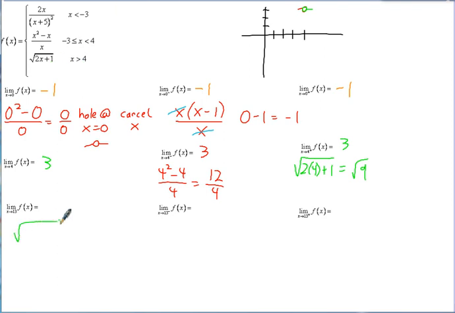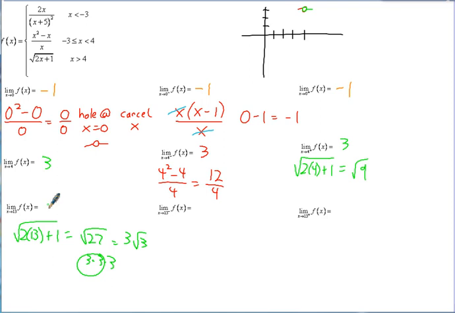So it would be square root of 2 times 13 plus 1. 2 times 13 is 26, plus 1 is 27. You get the square root of 27, which breaks into 3 threes. So you can pull out a pair of threes, which gives you 3, and there's one 3 left over, square root of 3.